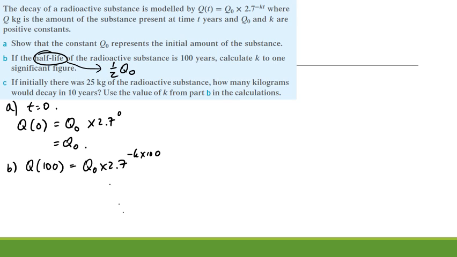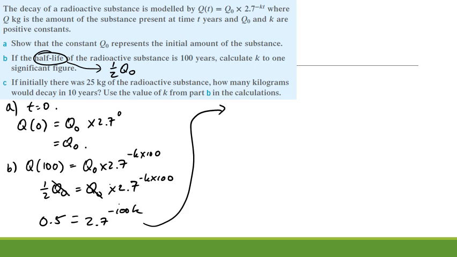What that means is Q of 100 is also equal to a half of Q naught. So we can cancel out the Q naughts. So we know that a half is equal to 2.7 to the power of negative 100k.